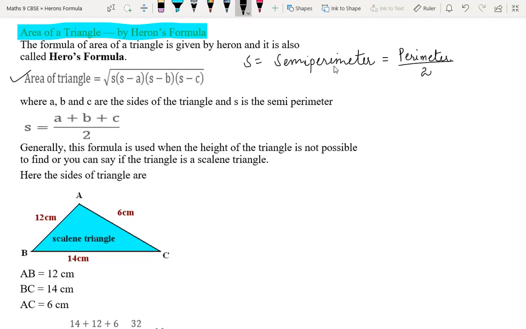That is nothing but A plus B plus C divided by 2, where A, B, and C are sides of the triangle.